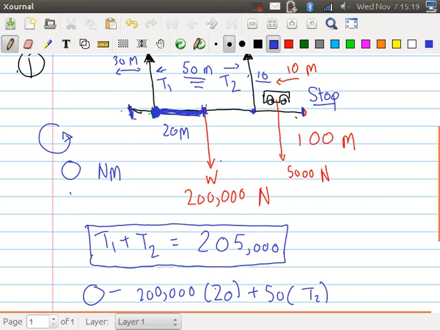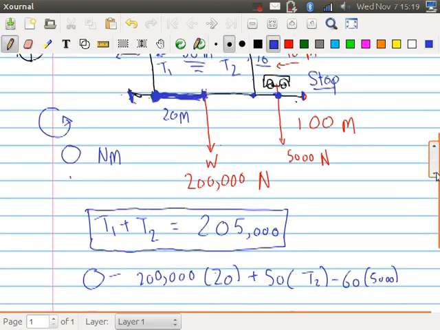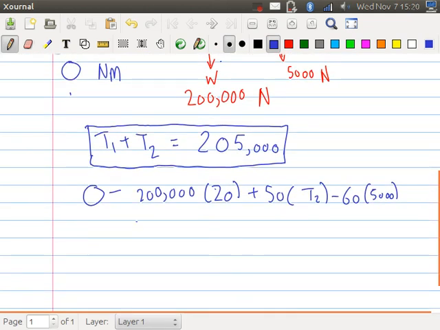And then from here to here, it's 60, multiplied by 5,000. Now, that will be minus 4,000,000 plus 50 T2 minus 300,000.